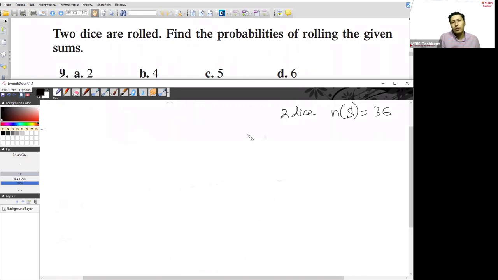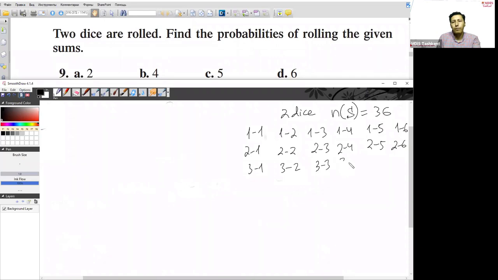If you roll 2 dice, you may get 1 1, 1 2, 1 3, 1 4, 1 5, 1 6, 2 1, 2 3, 2 5, sorry 2 5, 2 6, 3 1, 3 4, 3 5, 3 6, 4 1, 4 2, 4 3, 5 1, 6 1, 5 2.